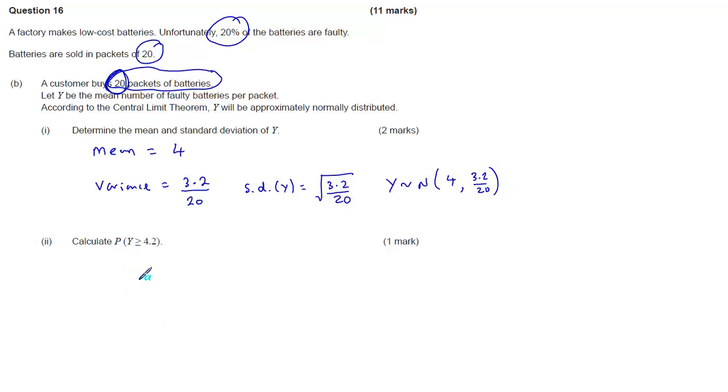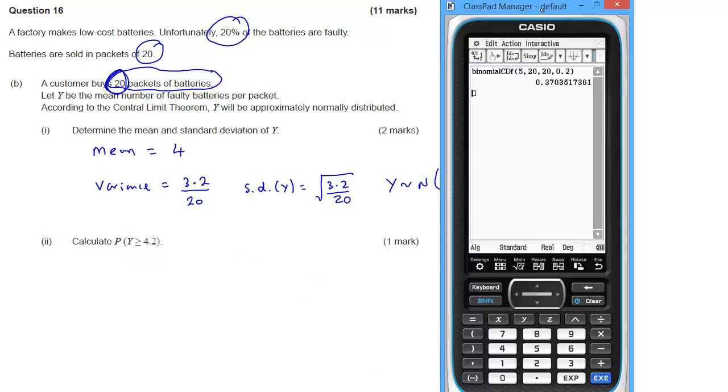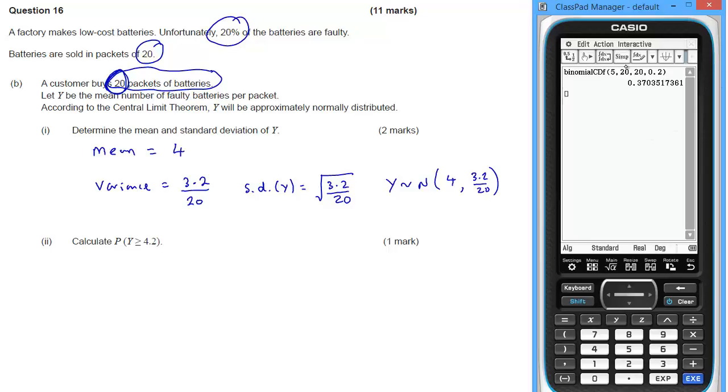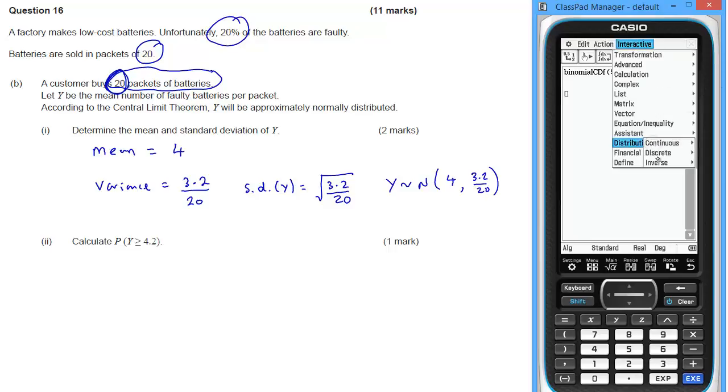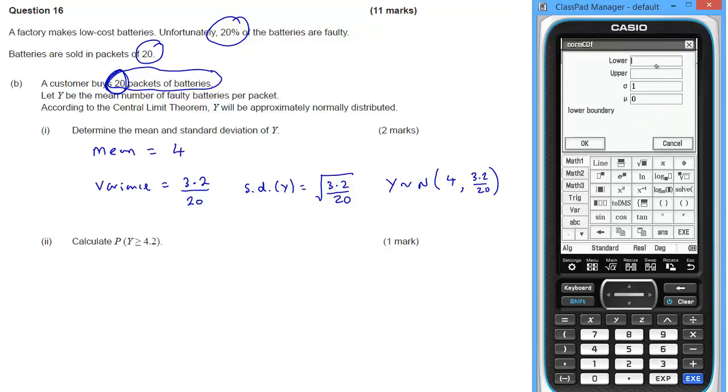We now want to calculate the probability that Y is greater than or equal to 4.2, so that's a calculator job. So this time we're using normal. So we're going from 4.2 upwards, so essentially we're going upwards to infinity.